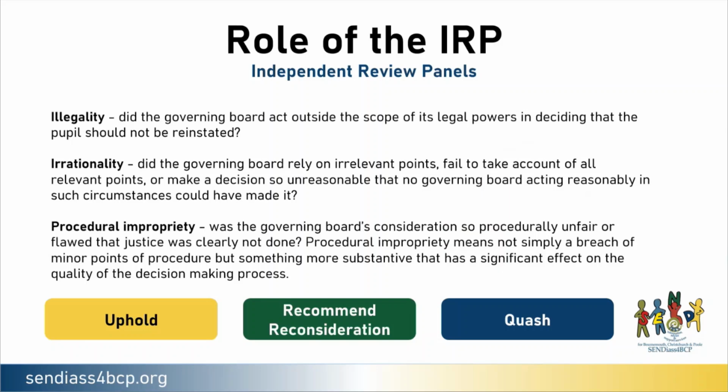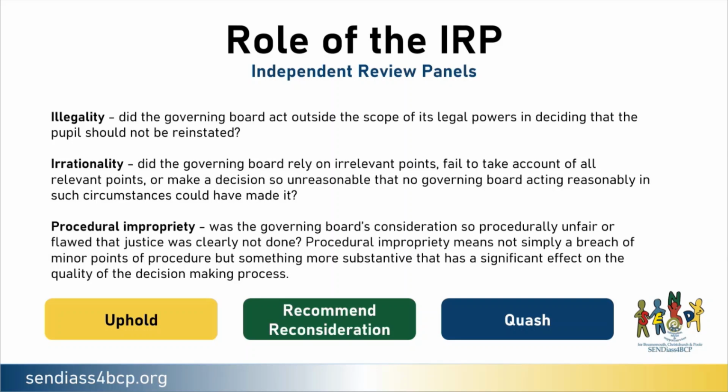The independent review panel will need to consider three things. Illegality. Did the governing board act outside the scope of its legal powers in deciding that the pupil should not be reinstated? Irrationality. Did the governing board rely on irrelevant points, fail to take account of all relevant points, or make a decision so unreasonable that no governing board acted reasonably in such circumstances could have made it?